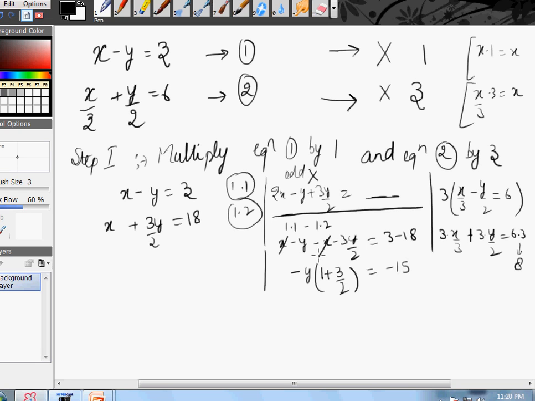Thus, on subtracting, we have eliminated one variable, that is x. Thus, we will subtract equation 1.2 from equation 1.1 and get 0x minus y into 1 plus 3 by 2 equals minus 15.